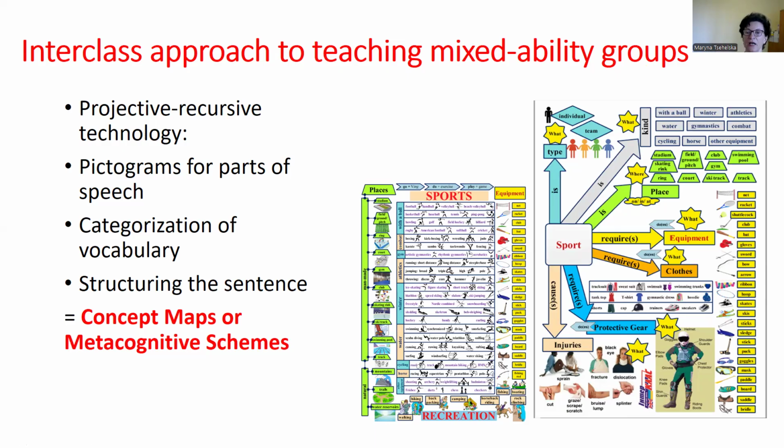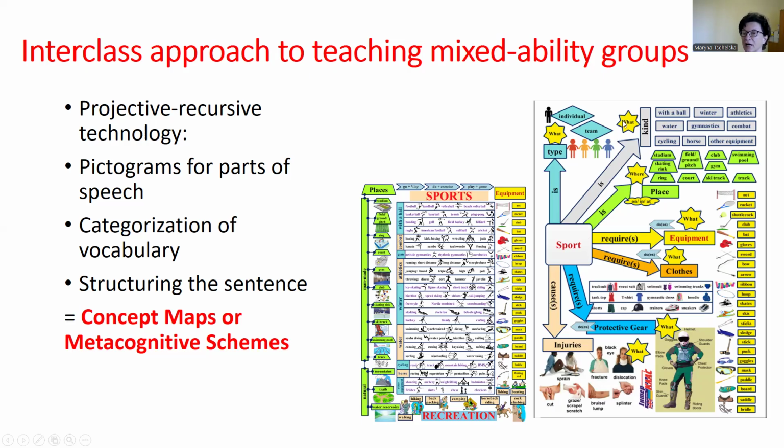For example, we can talk about individual or team sport. The question will be what type is it, and the answer will be, for example, softball is a team sport.